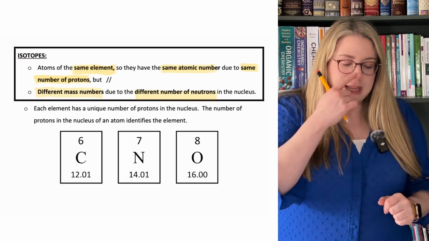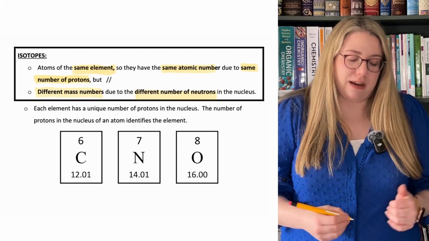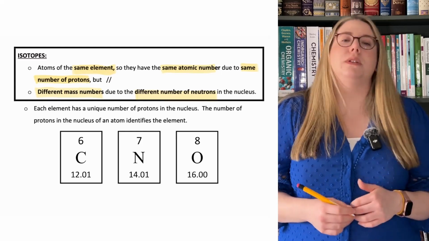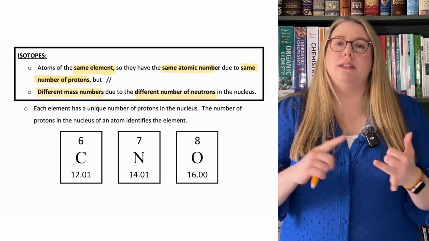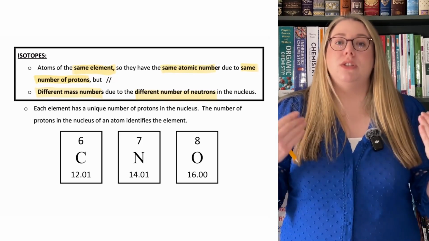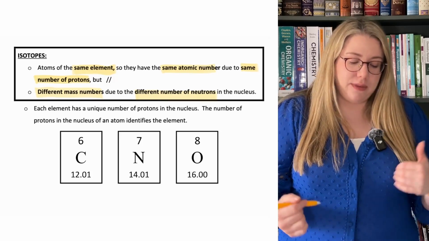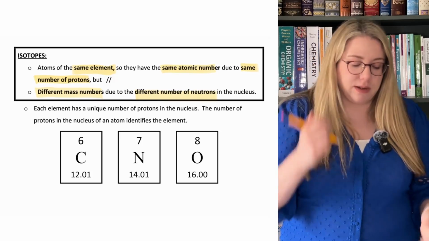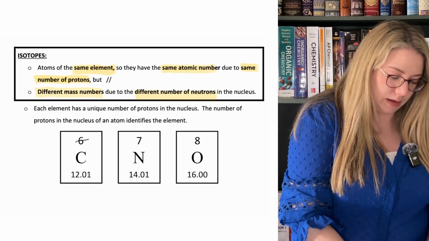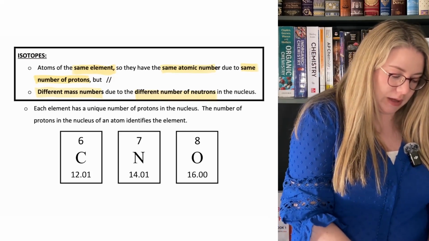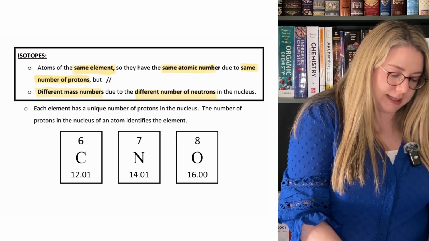Now underneath my definition box, I have each element has a unique number of protons in the nucleus. So carbon is a different element to nitrogen, which is a different element to oxygen. Now, from the information given at the bottom of the screen, carbon's atomic number is 6.